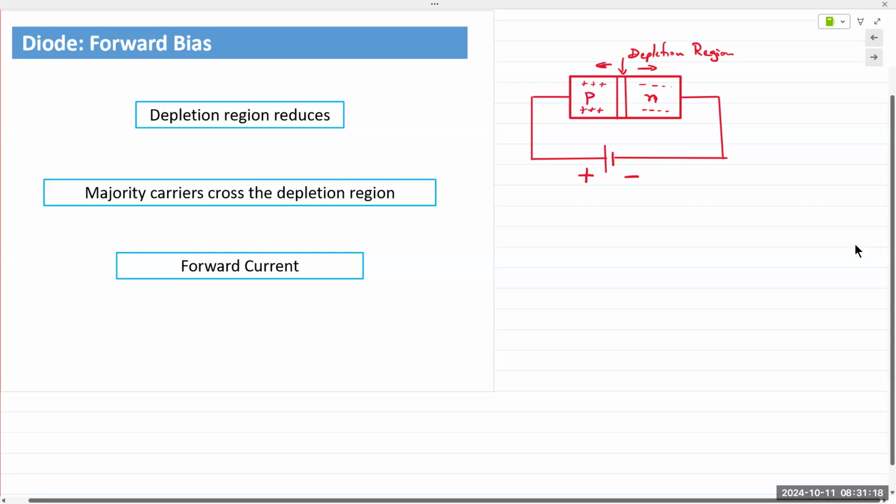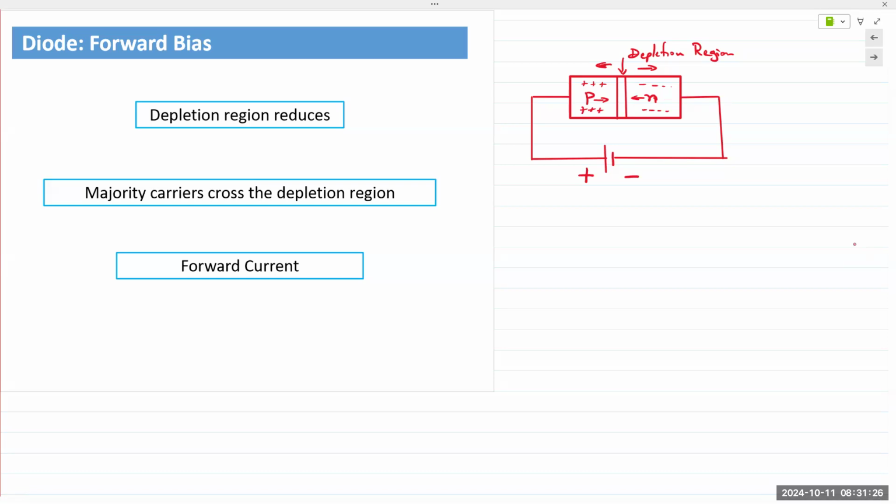Like charges repel, and so they are now moving towards each other. Minority carriers still have the same forces of attraction, so minority carriers will still have the same flow of current. That's why we have IS in both the forward and the reverse bias.